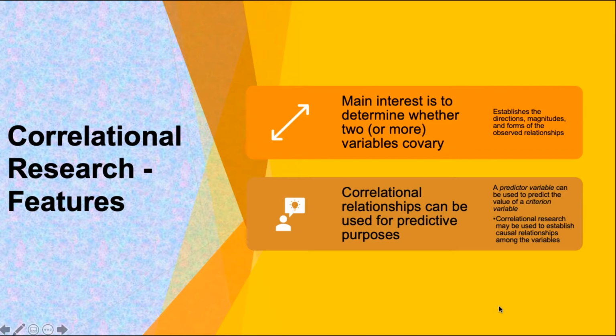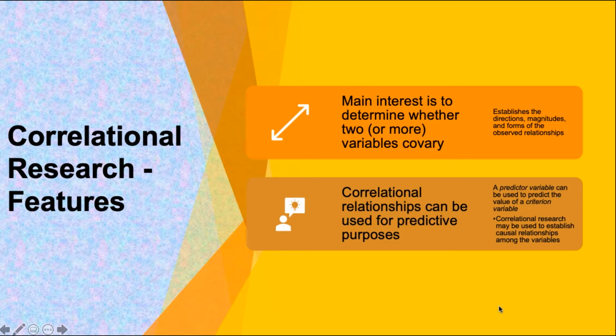Correlation research features. In correlation research, your main interest, as I say, is to determine whether two or more variables covary, and if so, to establish the direction, magnitude, and form of the observed relationship. The strategy involves developing measures of the variables of interest and collecting your data.